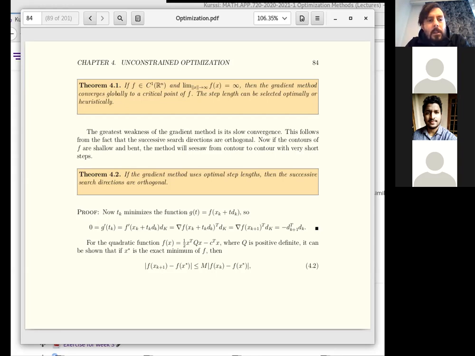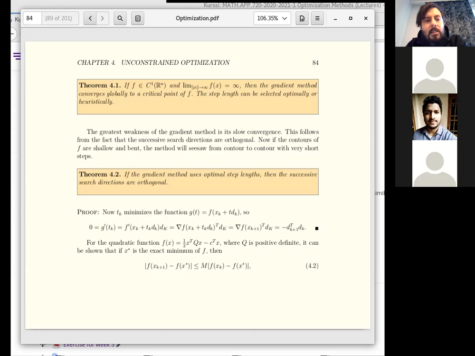So what about proving the orthogonality of successive step directions? Well, firstly, assume that the step length minimizes the function f(xk plus t dk), so that its derivative will be 0.